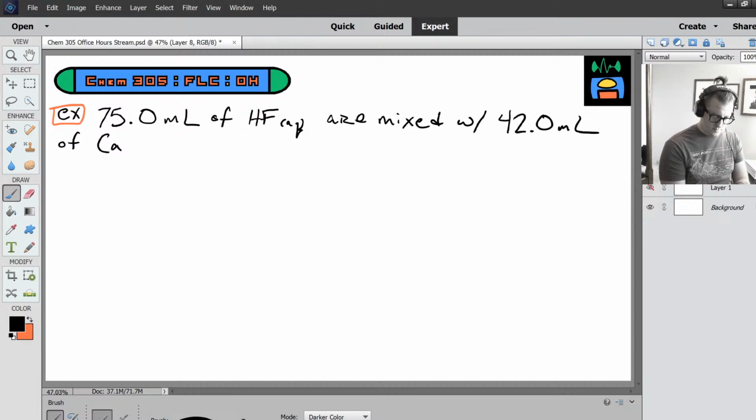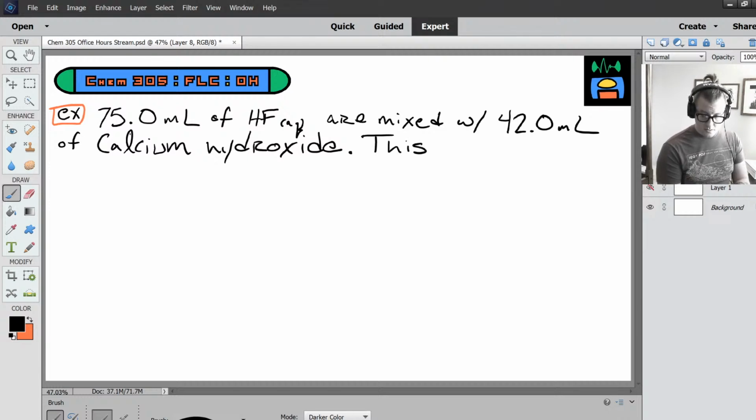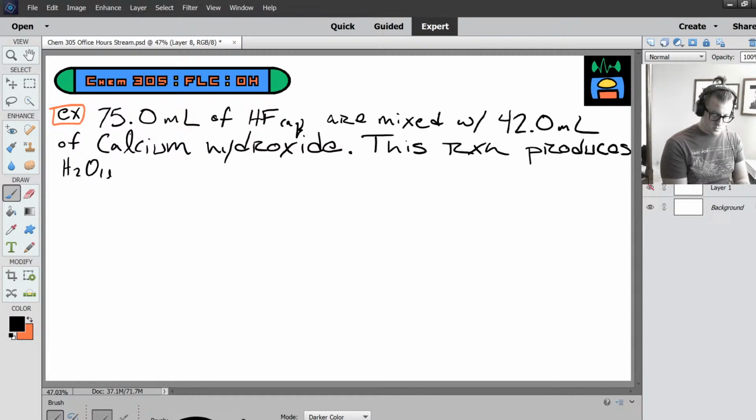There we go. This reaction produces liquid water and aqueous salt.